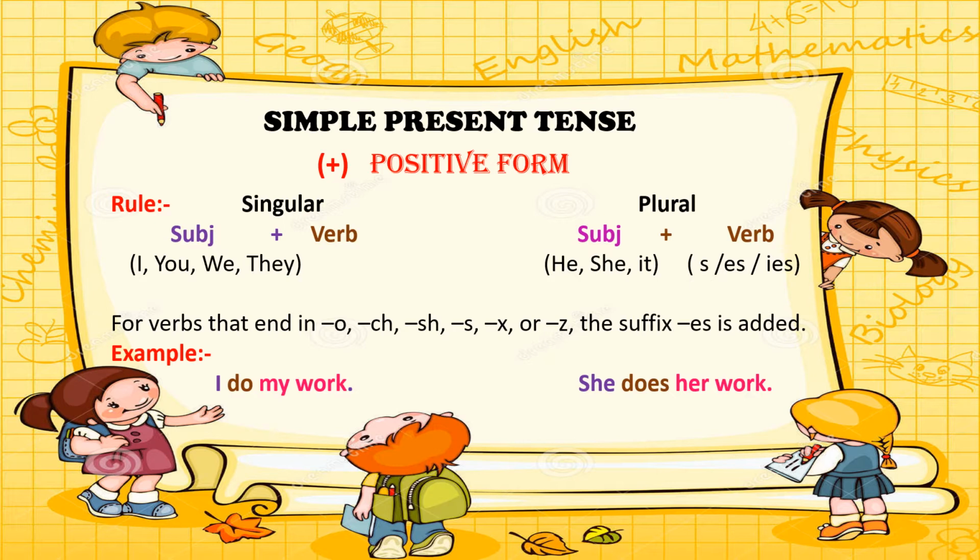In the first form, the sentence would be I do my work, where I stands for the subject and do stands for the verb. Whereas in the other form, the sentence is she does her work, where she is the subject and does is the verb. That is, the verb do has been added with the suffix es.